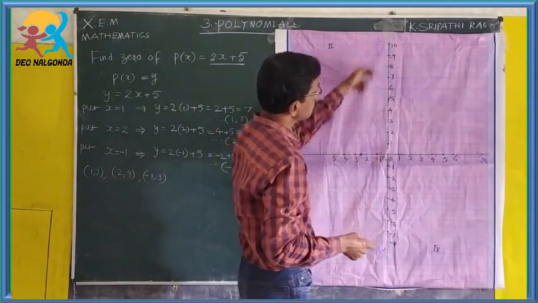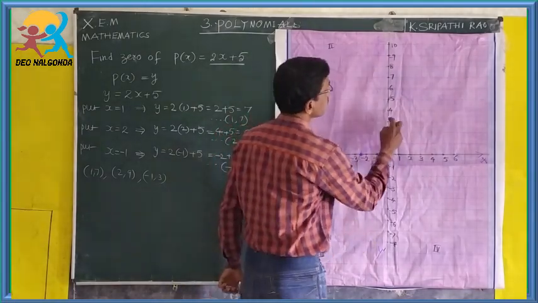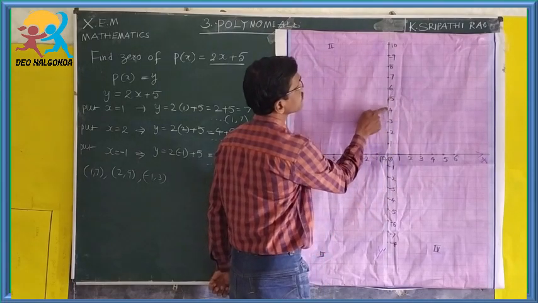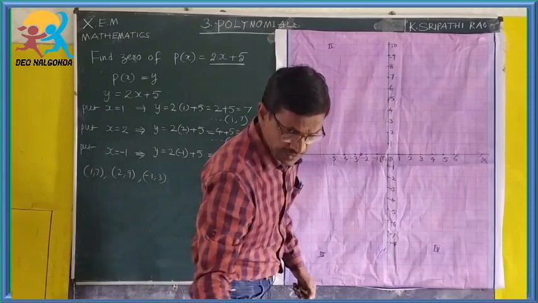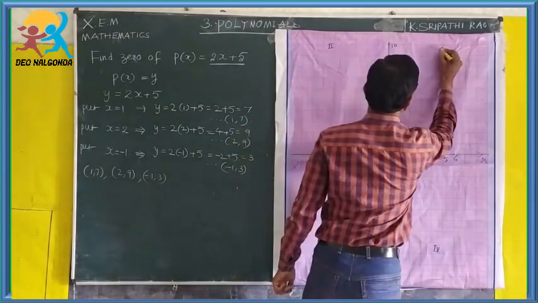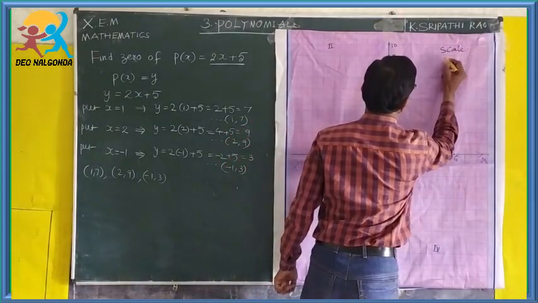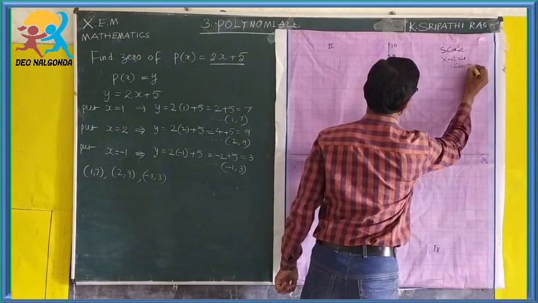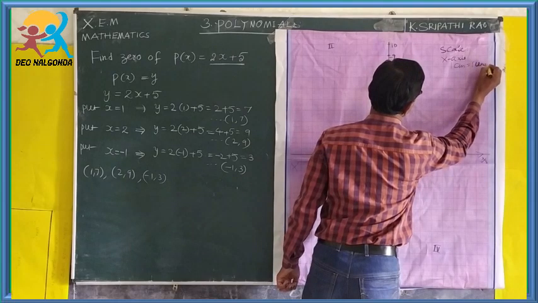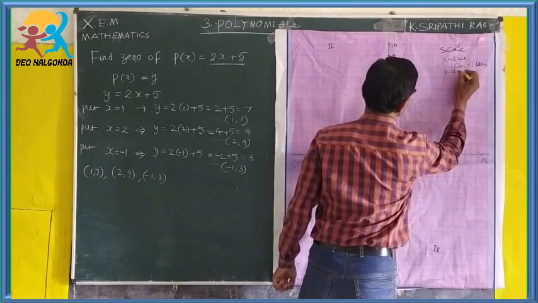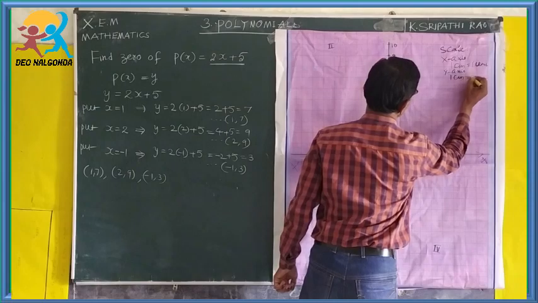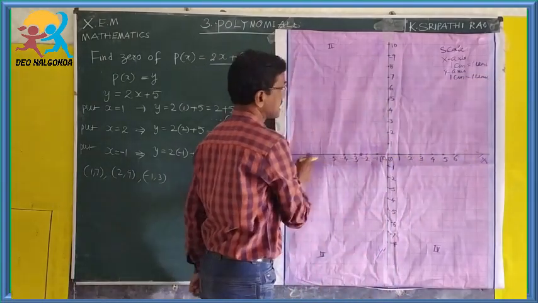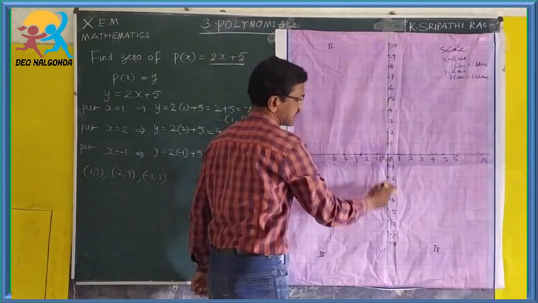On the y axis also I have taken the graph scale as 1 unit, because 3 minus 2 is 1, 4 minus 3 is 1, 5 minus 4 is 1. So this is called the scale: on the x axis 1 centimeter is equal to 1 unit, and on the y axis 1 centimeter is equal to 1 unit. Positive x axis, negative x axis, positive y axis, negative y axis.